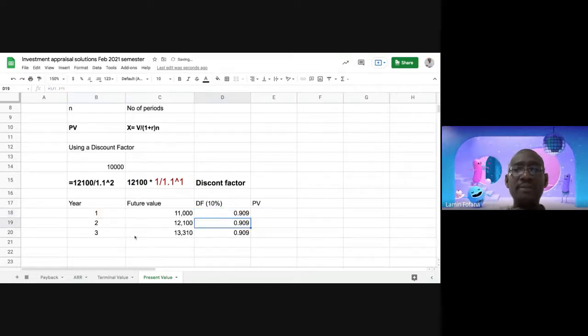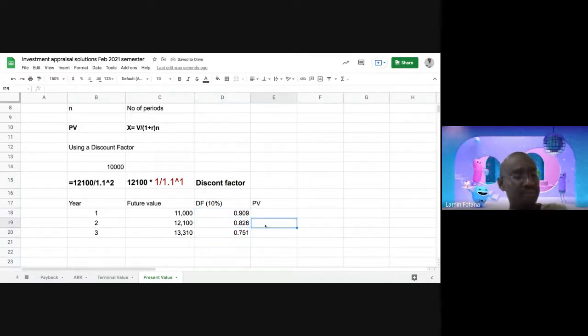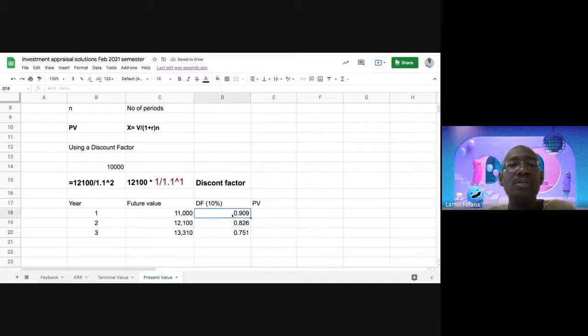We enter, then we just run down the formula. Can you see? It's going to be 1 divided by 1.1 raised to power 1 for year 1, 2 for year 2, and 3 for year 3. So these are your discount factors for 10%.